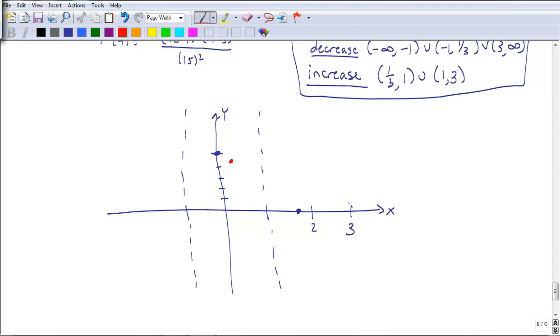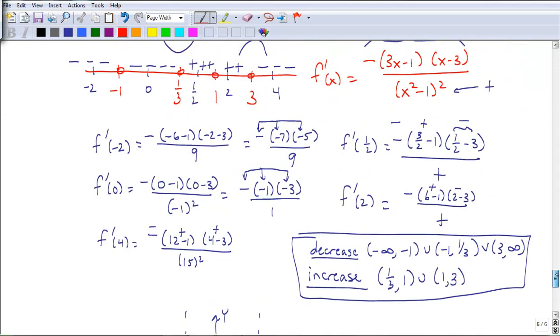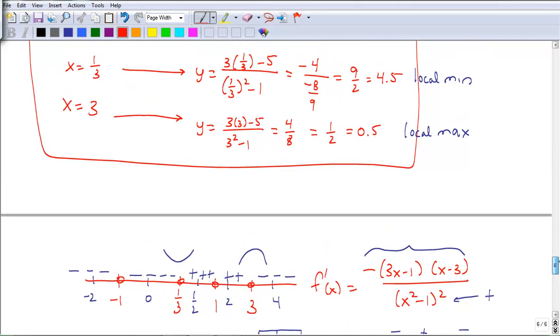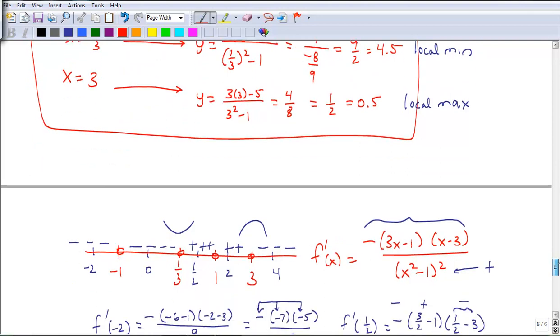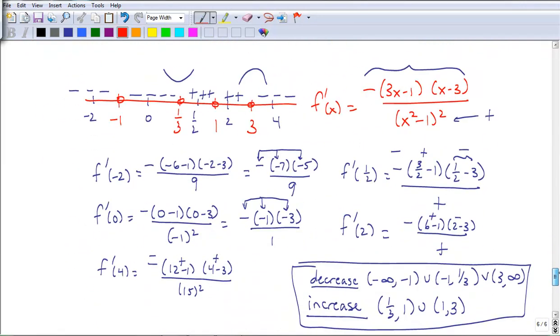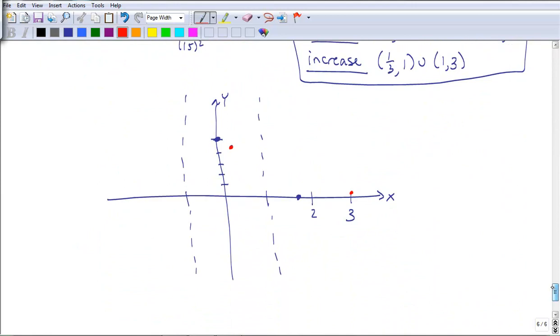So the other critical point comes in at 3 and a positive 1/2. And so now I can draw a picture of this function. I know where this function is increasing and decreasing, so I can use that to get the right picture.